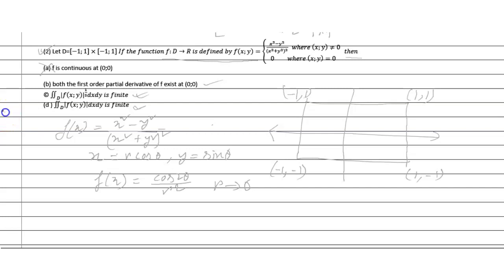Because it is not continuous, so there is no chance of differentiability. Every differentiable function is continuous, so by this logic, as it is not continuous, the derivatives do not exist.